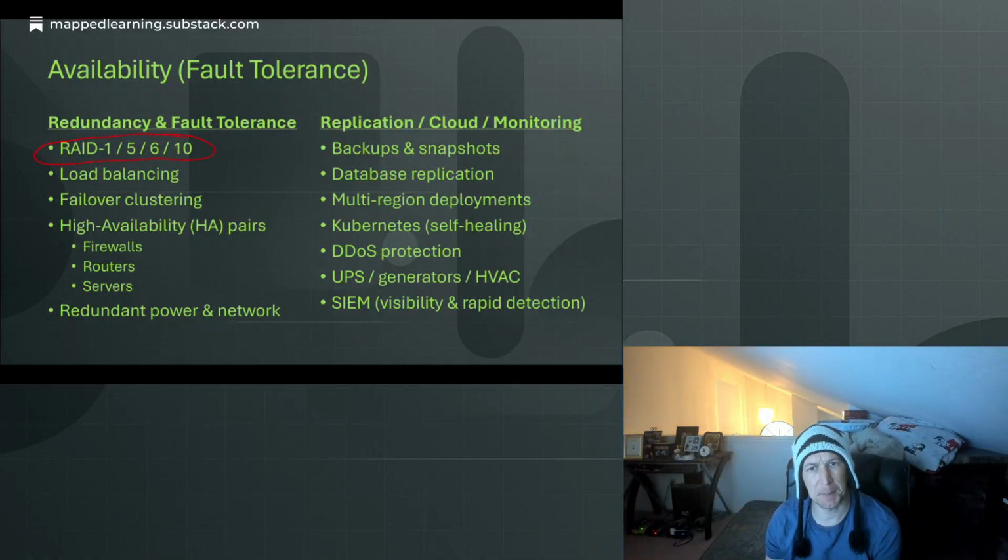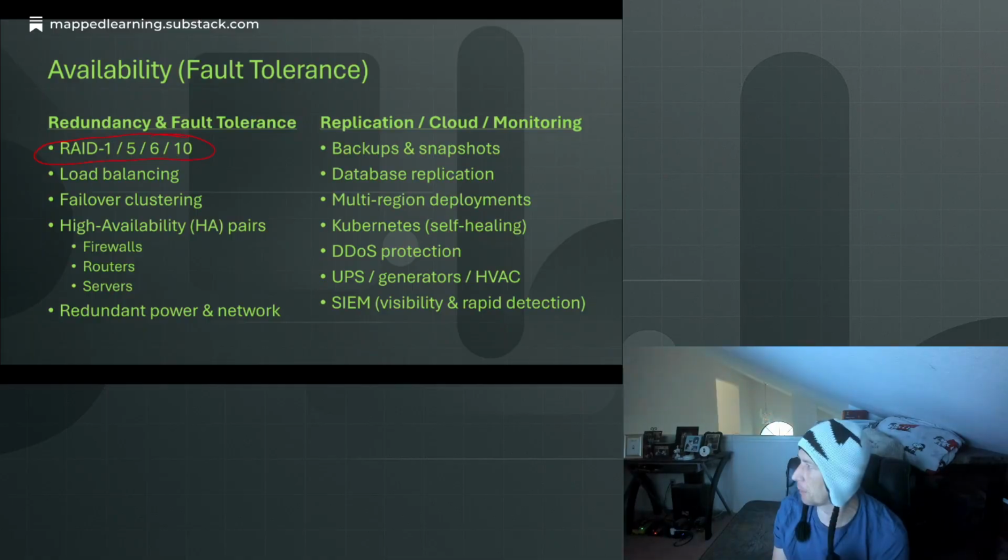High availability pairs are similar to load balancing, but for hardware networking devices. And then we have redundant power and network. If you already know about uninterruptible power supplies, that's not what I'm talking about when I say redundant power.